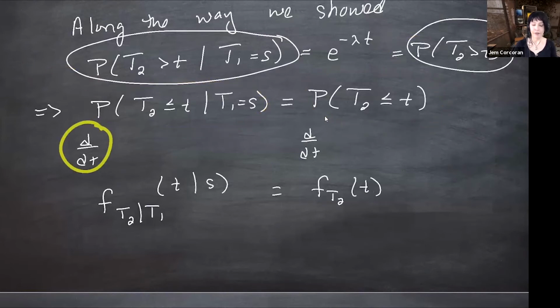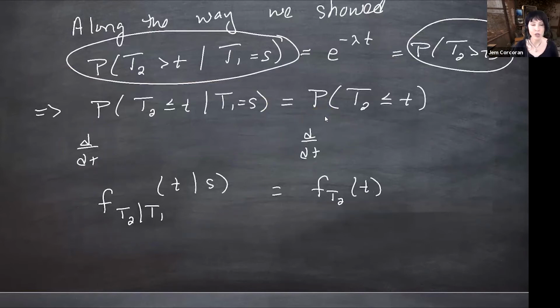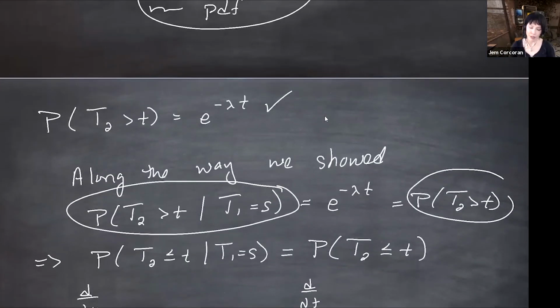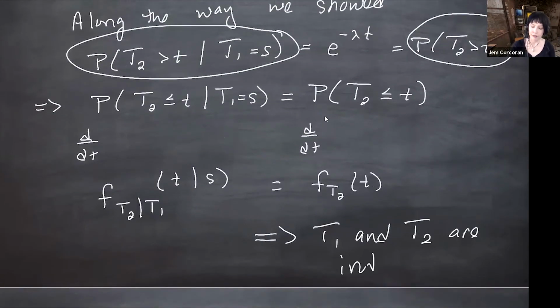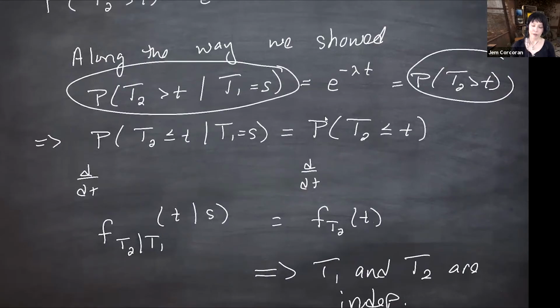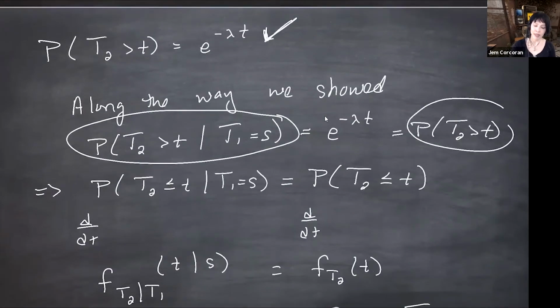And you can take the derivative with respect to t on both sides, and you get the conditional PDF for t2 given t1 is equal to the PDF for t2, which is one out of several ways to say that t1 and t2 are independent. Oh, did I make my conclusion about, yeah, hold on. Finish writing this. Independent.